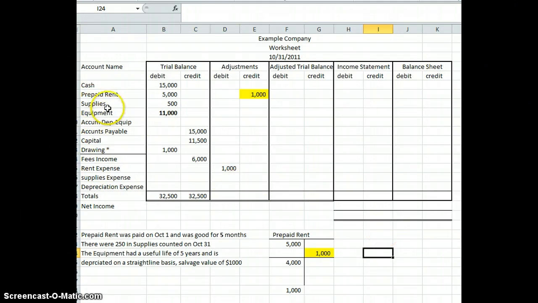The next account is supplies, and supplies, like prepaid rent, is not a capital asset. They are considered a current asset, and we just make adjustments directly to them. So I'm going to make a little supplies T account here.